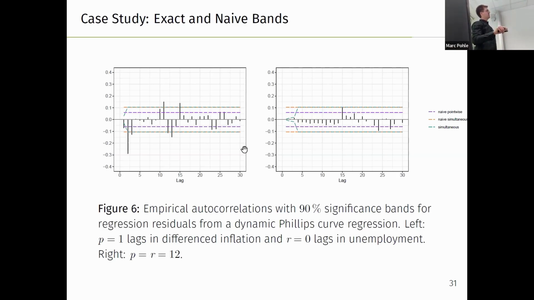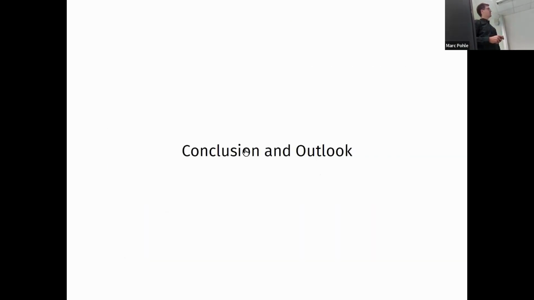And when including 12 lags, so a year of lags of differenced inflation and lags of unemployment, both simultaneous bands tell us not to reject the null of temporal independence of the errors. So this seems to be a better model, at least in terms of residual autocorrelation.